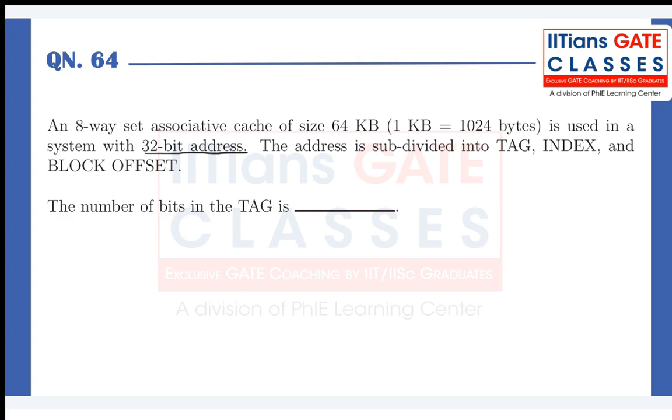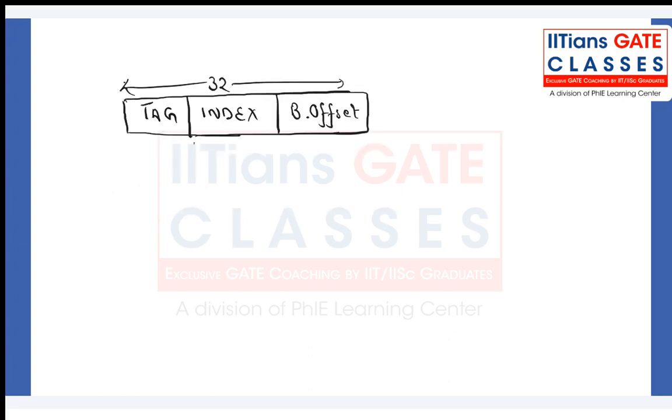64 KB is the cache size. Index along with the block offset means there are so many lines or sets in the cache.